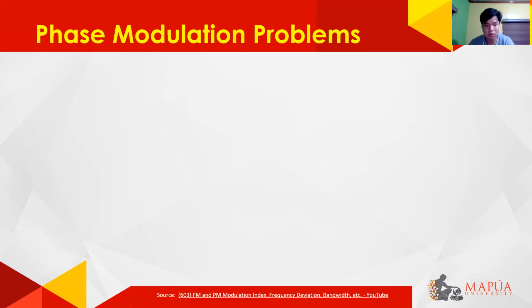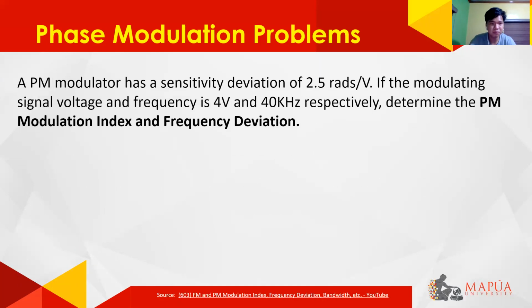So we will be starting with the phase modulation problems. A PM modulator has a sensitivity deviation of 2.5 rad per volt. If the modulating signal voltage and frequency are 4 volts and 40 kilohertz respectively, determine the phase modulation index and frequency deviation. Let us first solve for the modulation index.